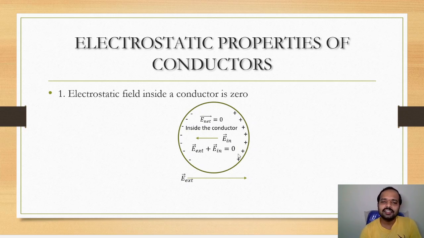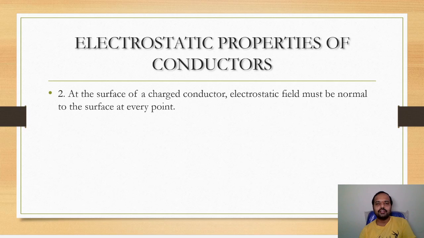That is, the net electric field inside the conductor now becomes equal to 0, as the induced electric field is equal in magnitude to the external field, whereas opposite in direction, and hence the electrostatic field inside a conductor will always be equal to 0.